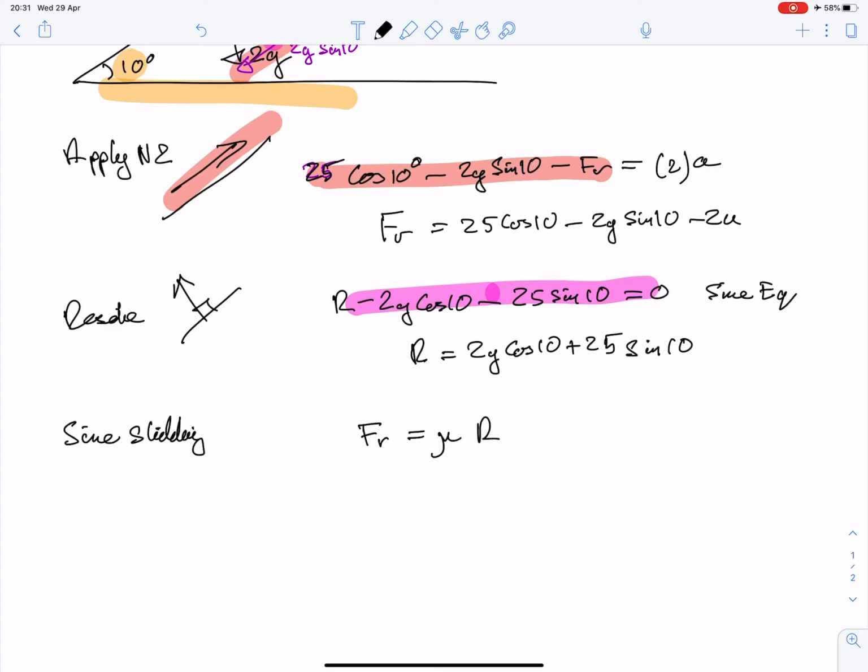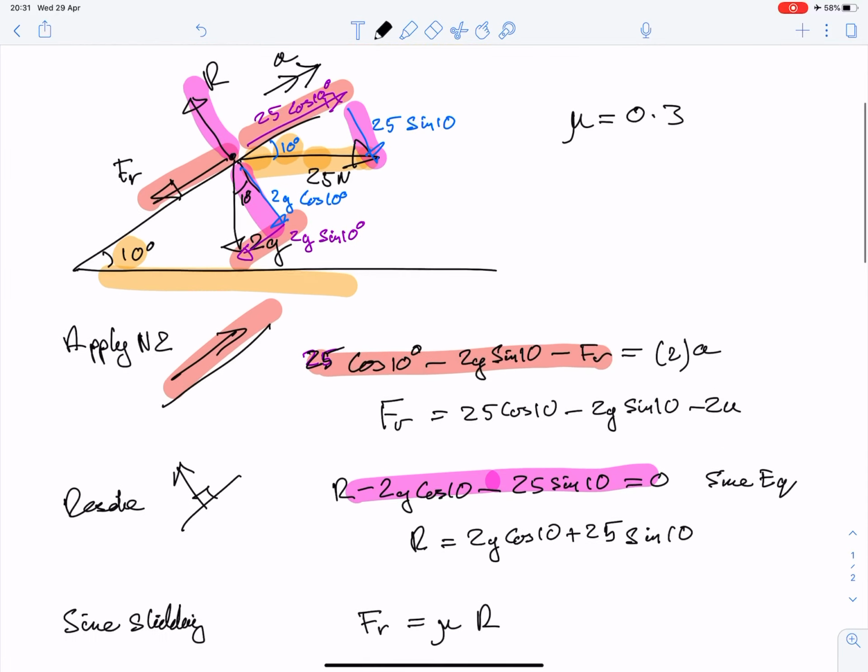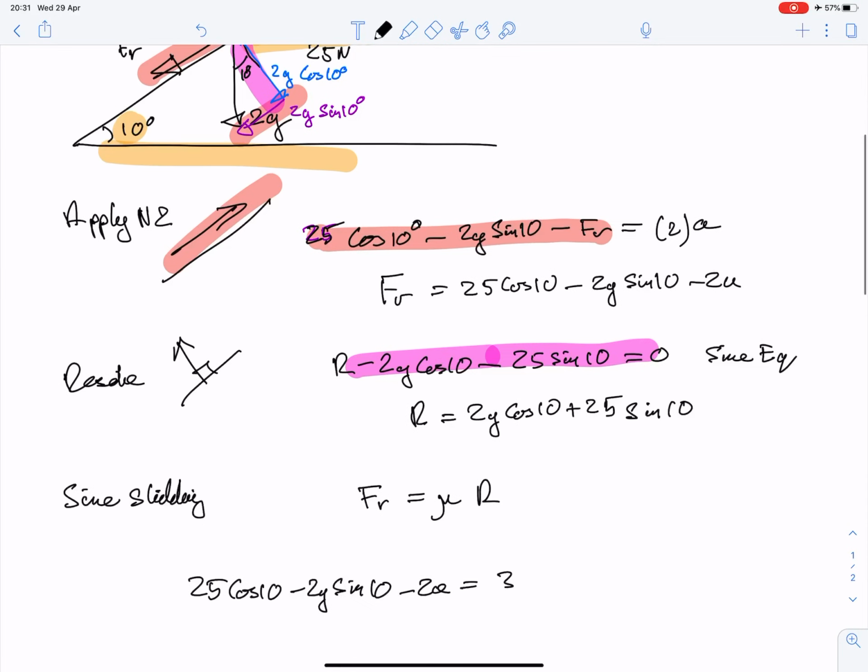So we get 25 cos of 10 minus 2g sine of 10 minus 2a equals mu, which comes from the question, 3/10 or 0.3, times R, which is 2g cos of 10 plus 25 sine of 10.